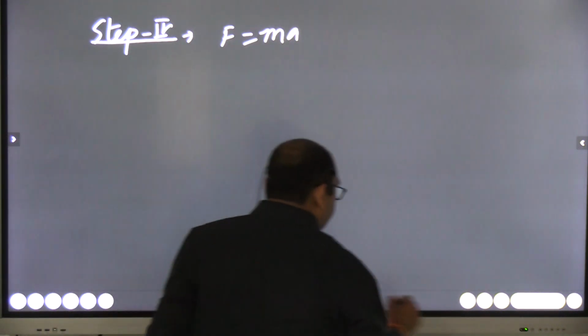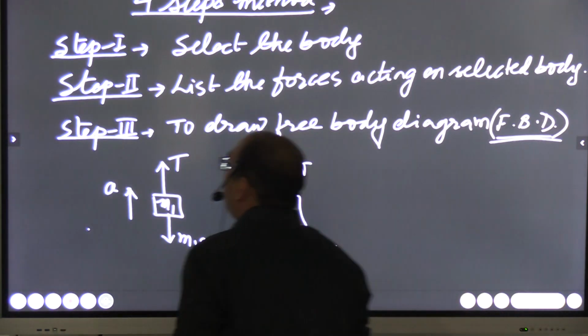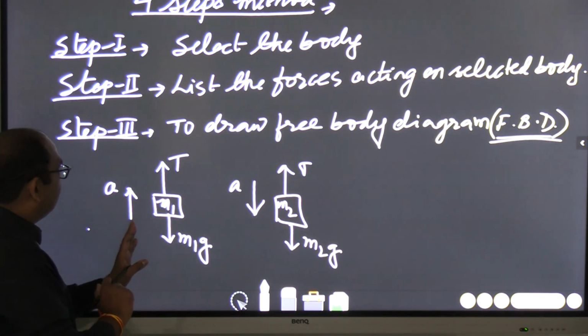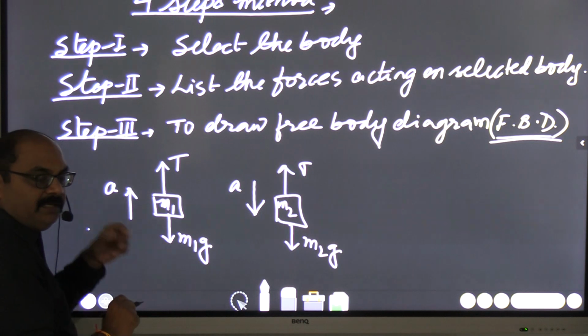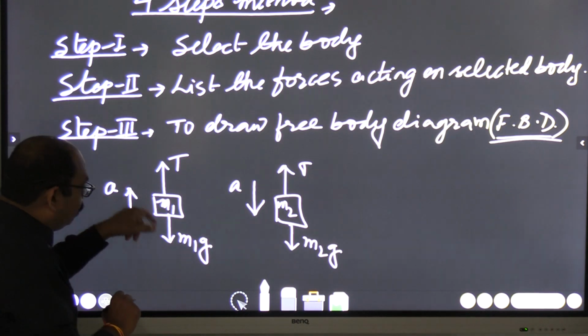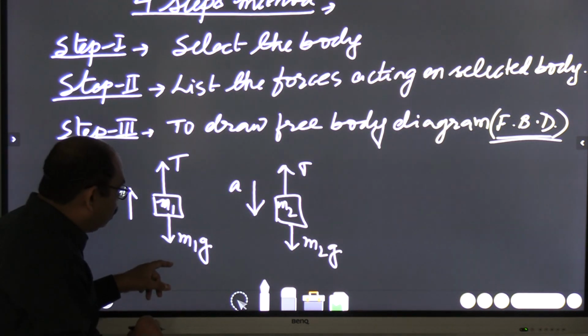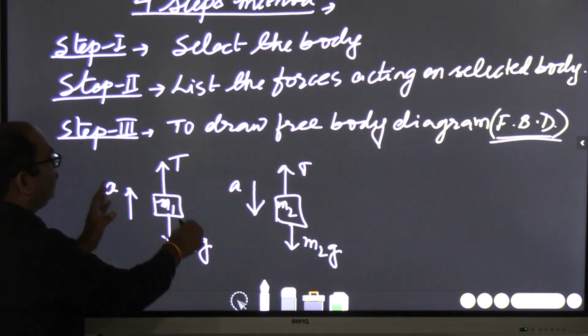So look at the body M1. How to write the net force? The forces along the direction of acceleration, which is T, minus the forces opposite to the direction of the acceleration, which is M1G. So the net force is T minus M1G.